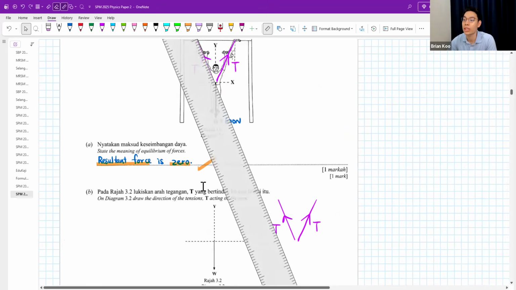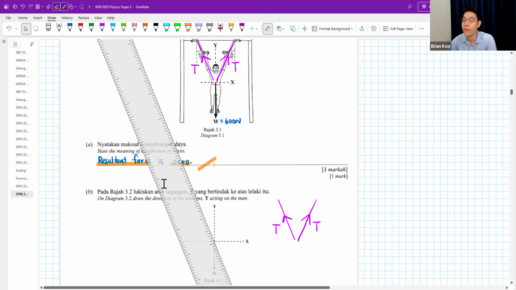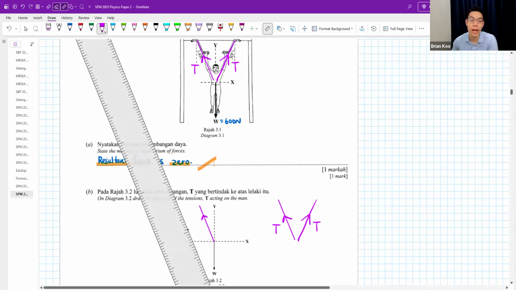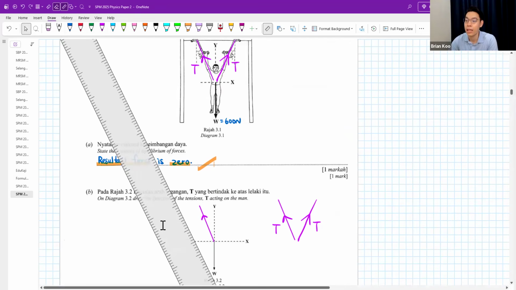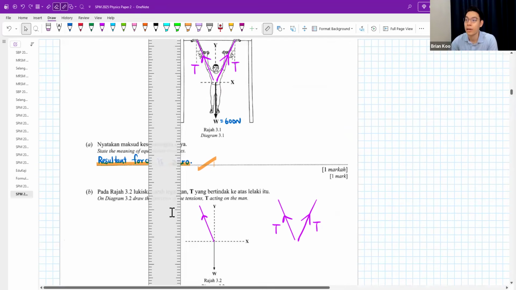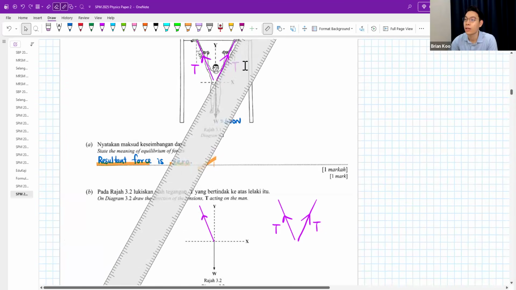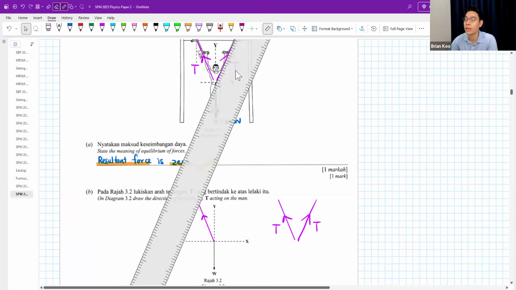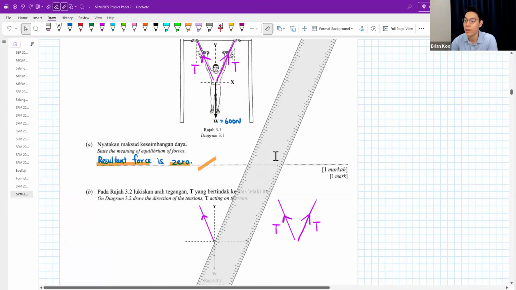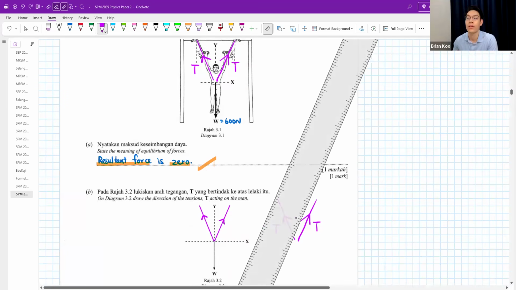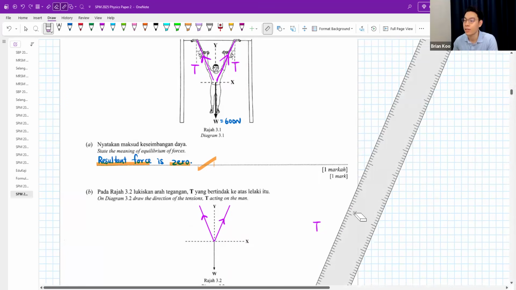So when I draw, I try to copy and paste. And then another one also the same. I take my ruler. The rope is like this. I try to copy and paste. Okay, we call this the tension.